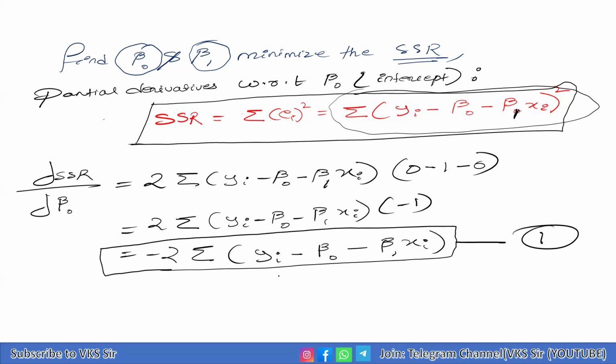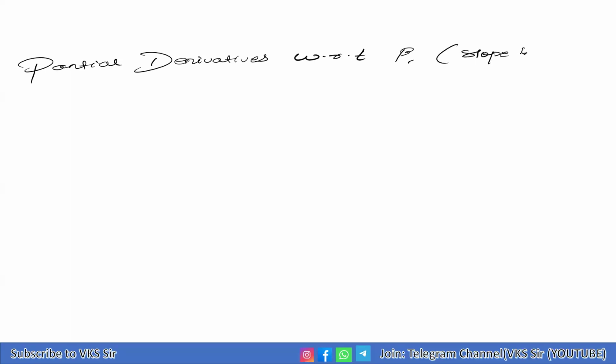So now let's derive with respect to the coefficient. So now we can say the partial derivative with respect to beta 1, which is nothing but the slope or coefficient.